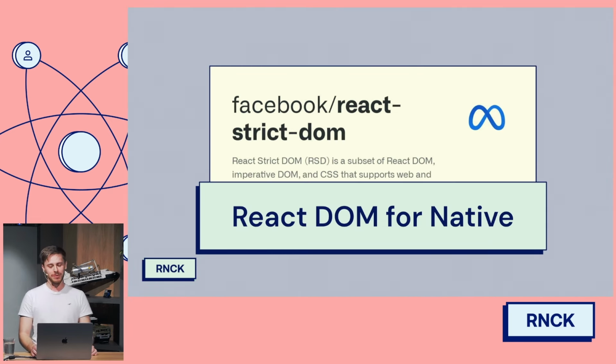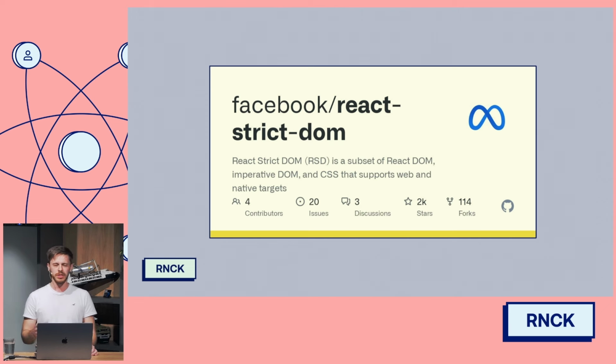Next, React DOM for native. React DOM for native is a different name for React Strict DOM. It's kind of like React Native Web, because currently in React Native, we make our applications by default on Android and iOS, and we think about adding web as an afterthought, later on. On browsers, React is the default way of building apps, so we add web as a third platform.